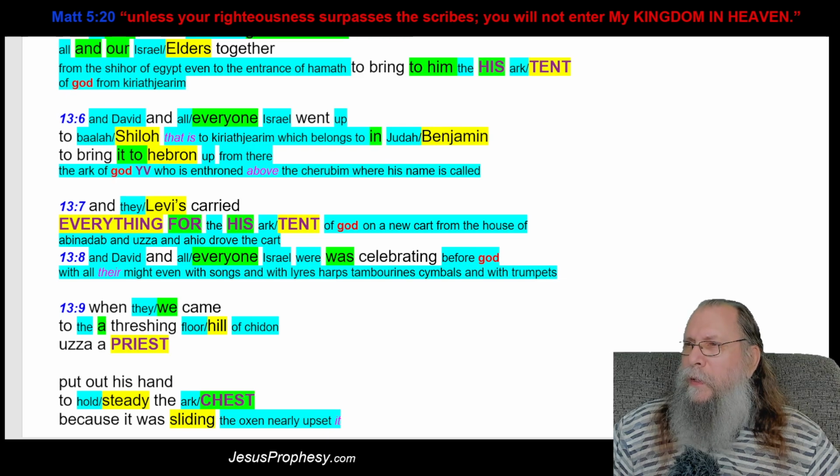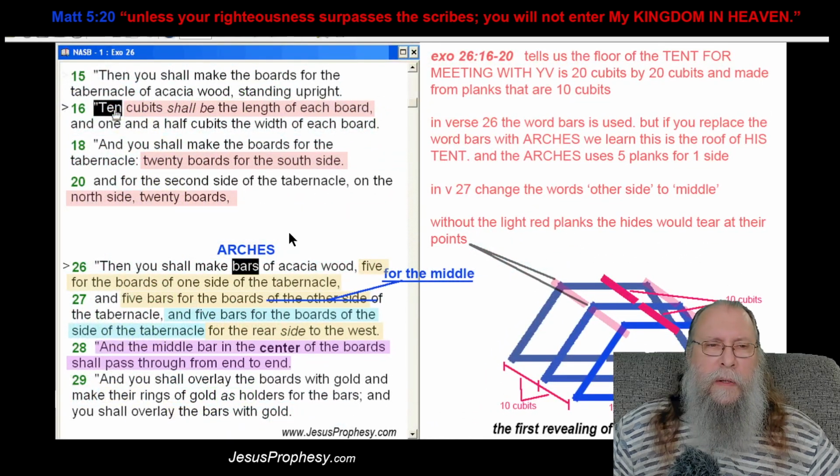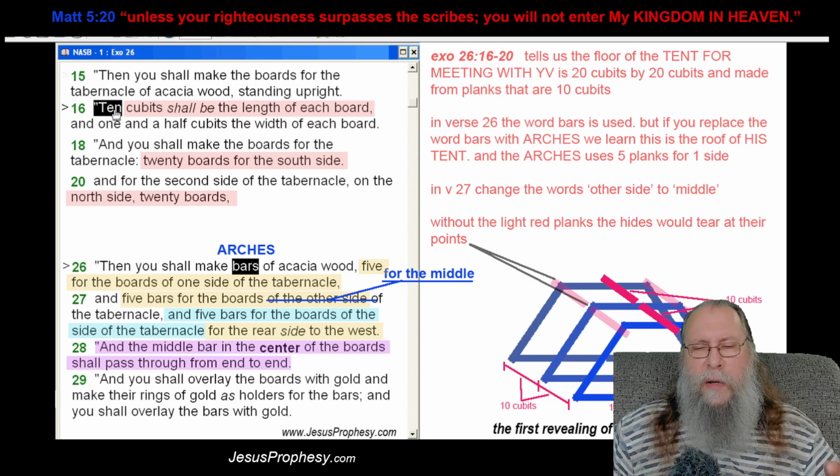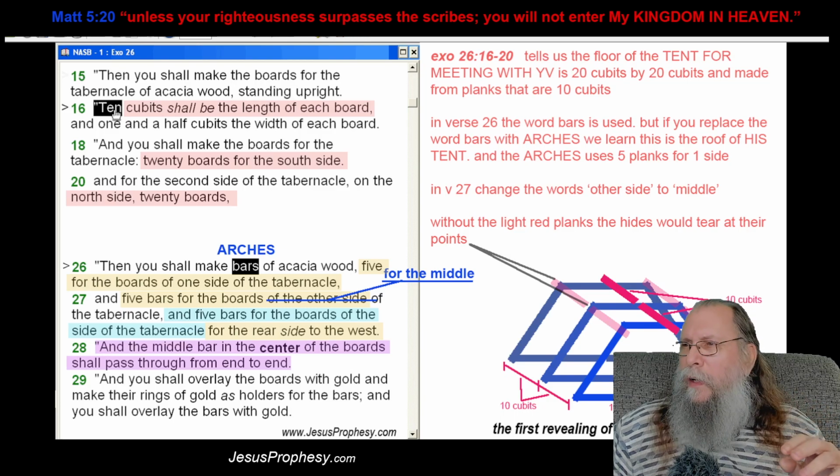And here's a quick example just to let you know what's coming up. In Exodus, I've already gone through Exodus, but if I change this one word bars to arches, we now have a hip roof that's over the tent of meeting. So when you see that online, you know that that's just wrong.